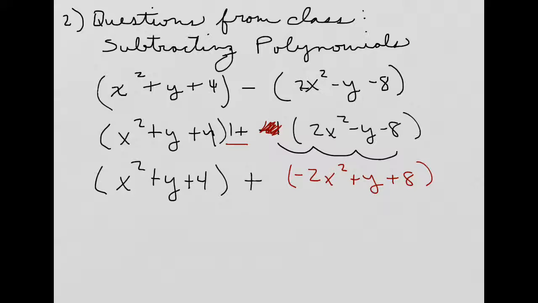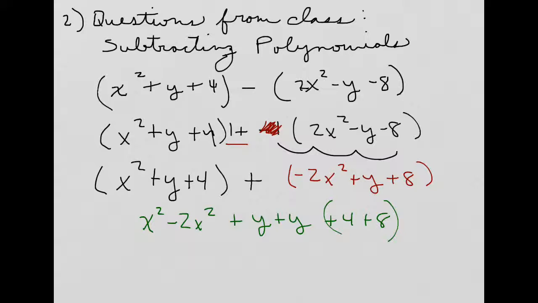And when doing this operation, this one's pretty simple, but just get in the habit, because when you get into higher degree polynomials, it's usually good to rewrite it with the like terms beside each other. And keeping all your signs in place. Plus 4, plus 8.